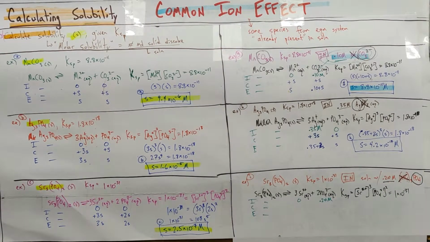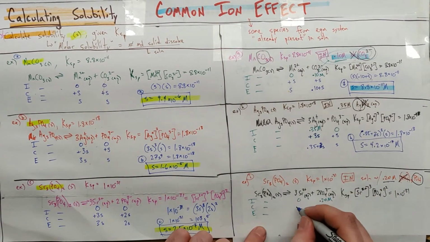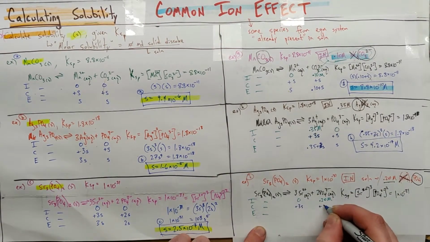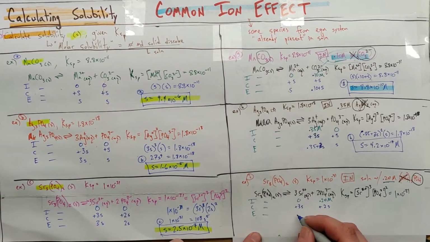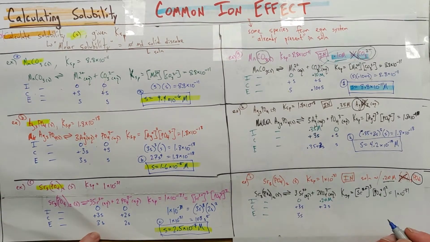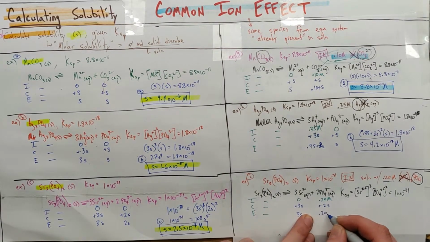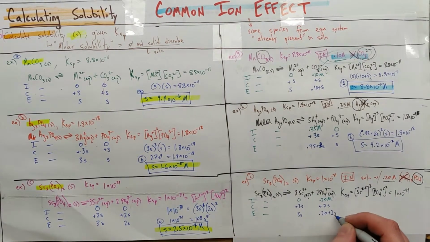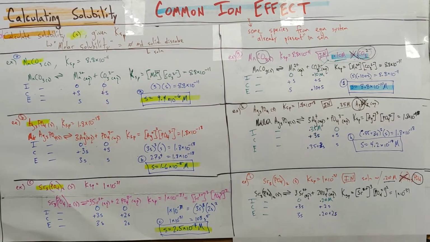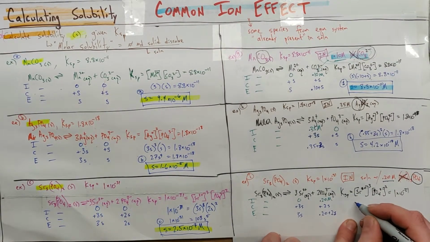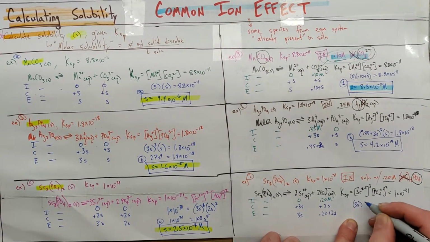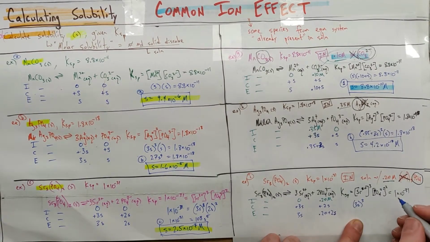And the rest of the ICE problem looks exactly the same as it did, plus 3s and plus 2s, exactly like we did. We'll have 3s exactly like we did, and we'll have 0.20 plus 2s right there. And if you've caught on to this trend, that s probably doesn't really matter, but we've got calculators to do it for us. There's really no disadvantage, except when it doesn't work, because of the math. The numbers get too small and your calculator pukes.